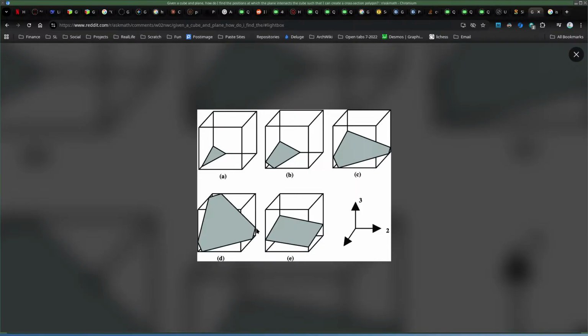It has 6 sides. Each side is on a face of the cube. The right side face has this line, the bottom face has this line, the front face this line, the left side this line, the top face that line, and the back face this line. So since all 6 faces have a line, we also have 6 corners, and that is the maximum, obviously.